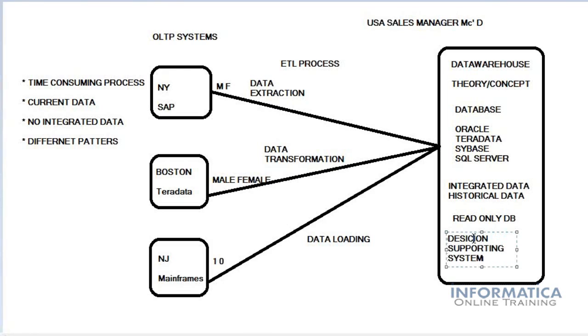You can take decisions very quickly when you have the data warehouse, because it contains the data over a period of time. Because of that importance, we call it a decision supporting system.